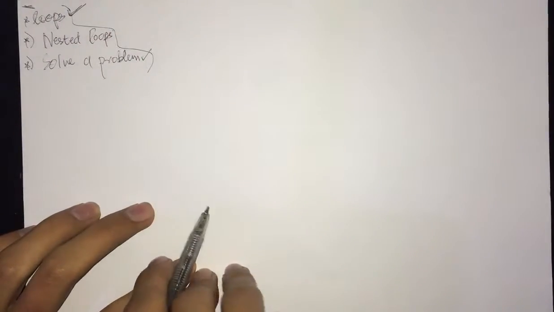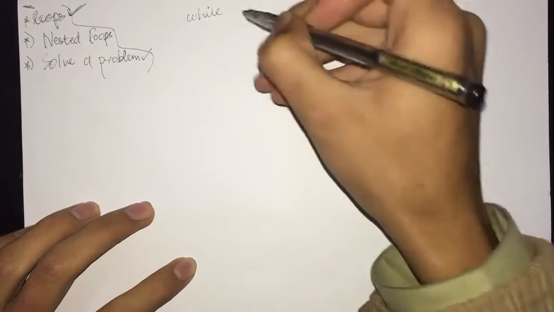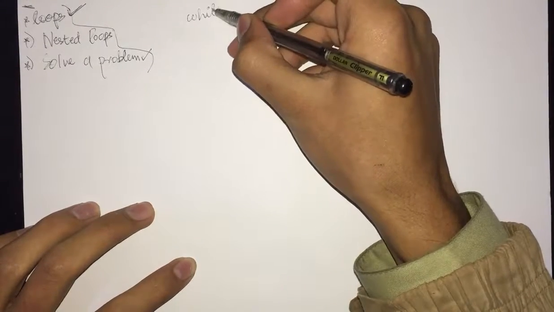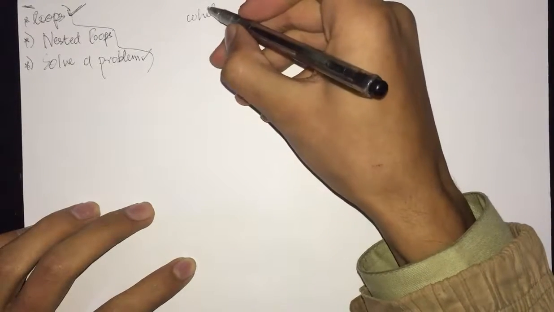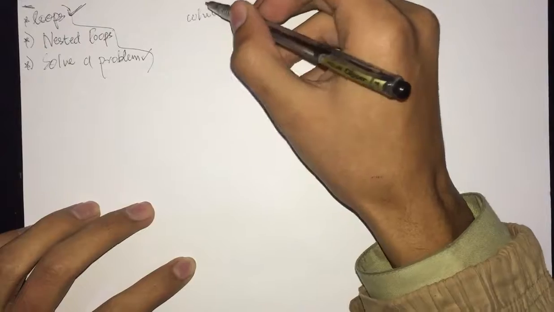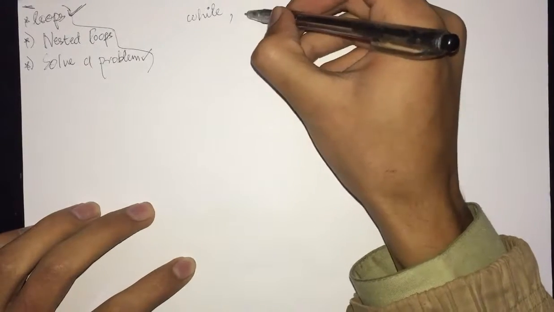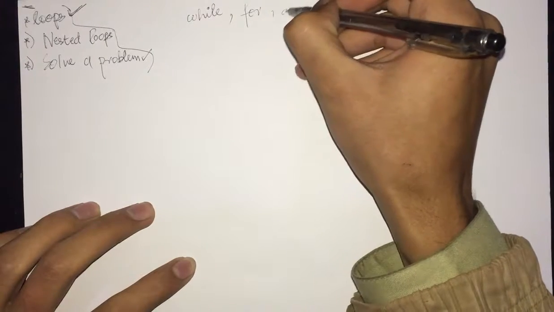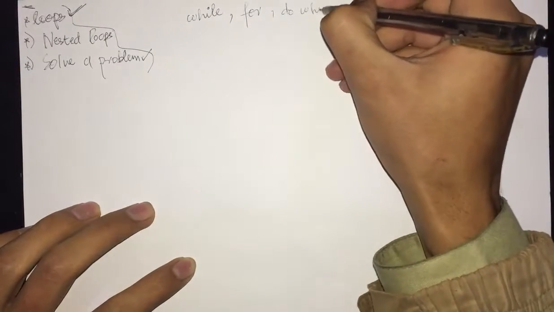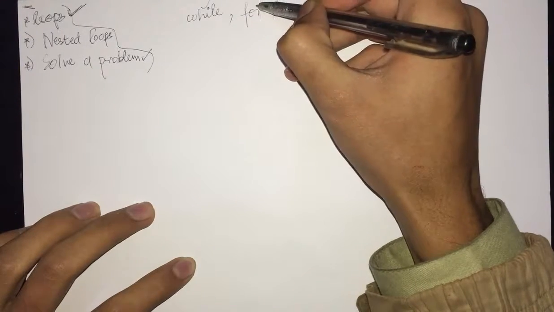And now we have different kinds of loops. We have while loop. These names are all reserved words in a language, so we cannot change them. We can only use them for the purpose they should be used for. So we have while loop, we have for loop, we have do while, although we have just studied while and for loop.